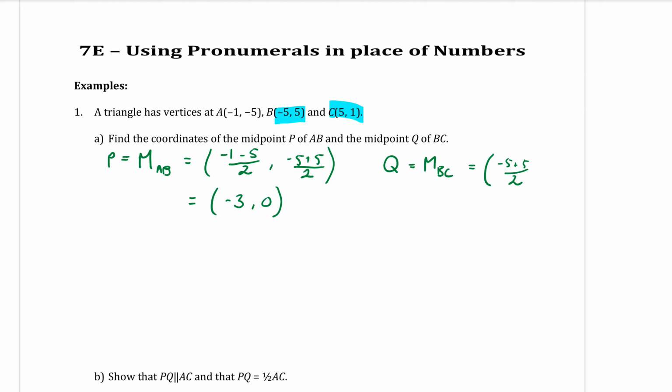And then average the y's, 5 plus 1 over 2. Working them out, -5 plus 5 is 0, divided by 2 is still 0. 5 plus 1 is 6, over 2 makes 3. Okay, that's all we have to do. I have found the point P and the point Q. That's all that question asked me to do.